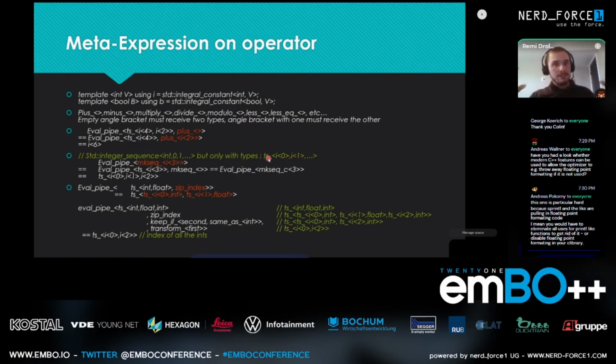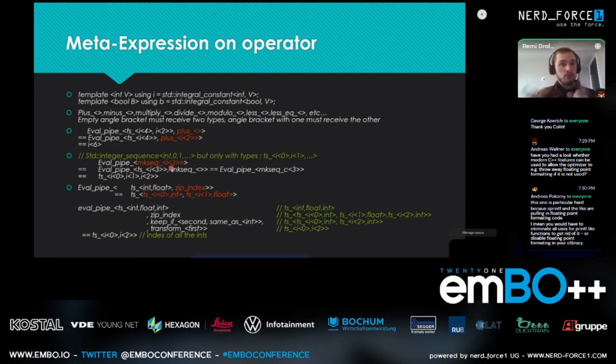So I want a list of types from 0 to n-1. So that's exactly what mex sequence does. So mex sequence of E3 gives 0, 1, 2. But again, if you have an empty mex sequence and you send it E3, it will do the same thing, 0, 1, 2.